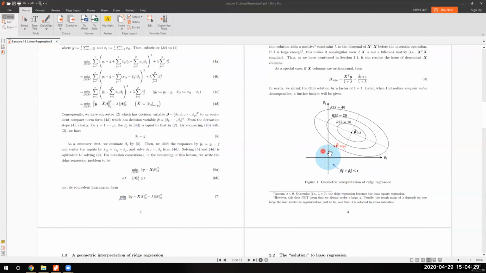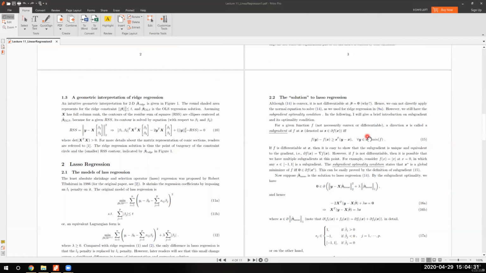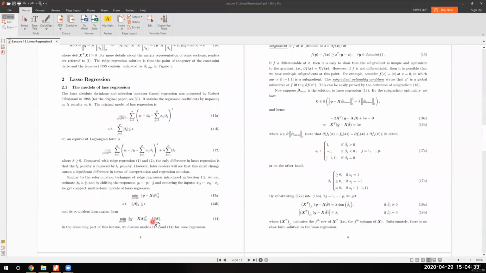But in your Lasso regression here, you do not have it. Why? I asked you last time: because the beta norm 1 is not differentiable. Why? Because at the point 0, the beta 1 norm looks like this. Very clear, at this point it is not differentiable.